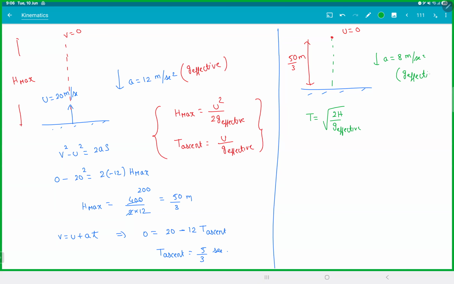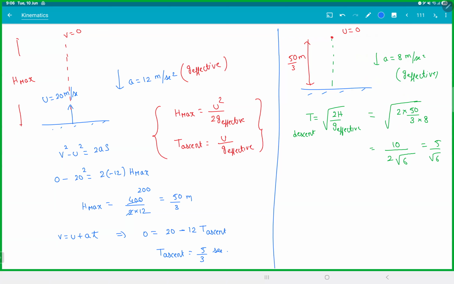You can solve this also, s is ut plus half at square. This will be root of 2 into 50 by 3 and g effective is 8. That's 100 by 24. How much is that? 100, so 10 will come out, 1, 2 also will come out, 6 will be there. 5 by root 6. This is your time of descent.